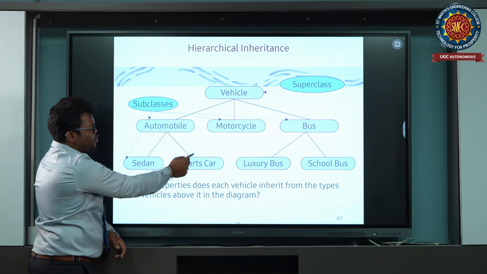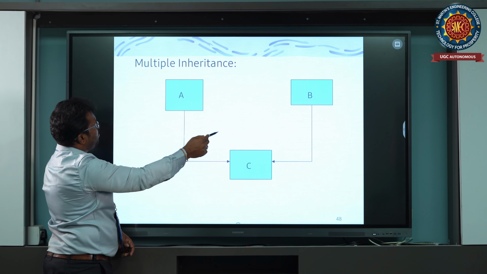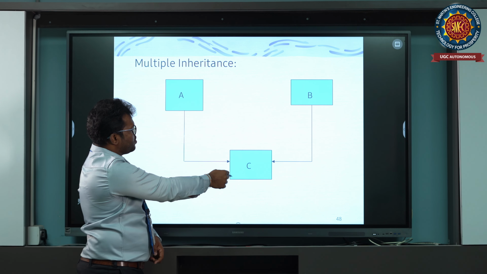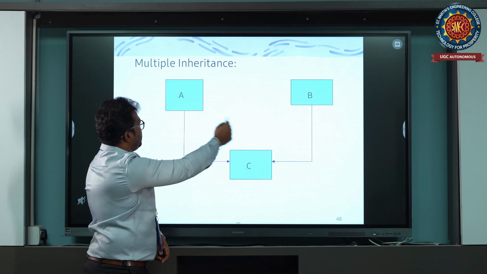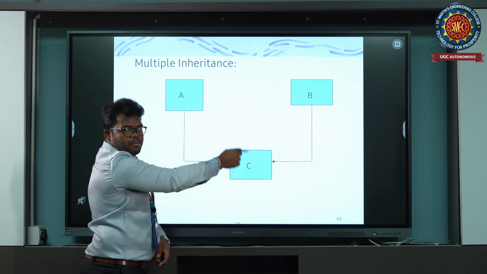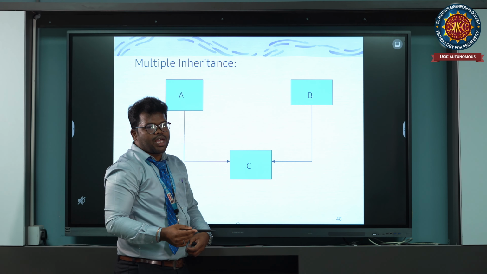This is multiple inheritance, which is not supported in Java. Here we have C, B and A, and C would extend from A and B. Multiple inheritance is not supported in Java.